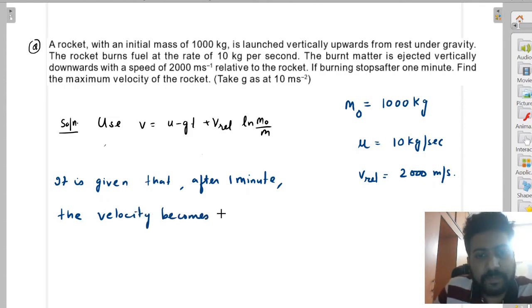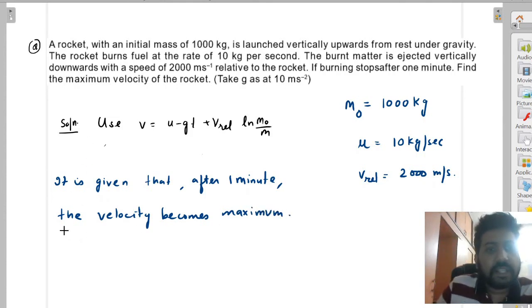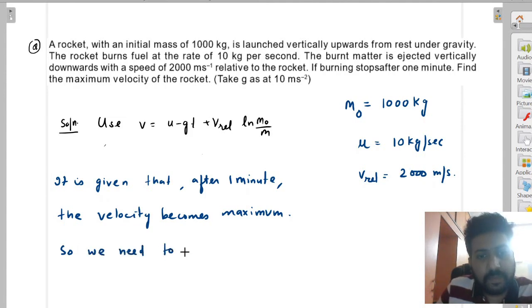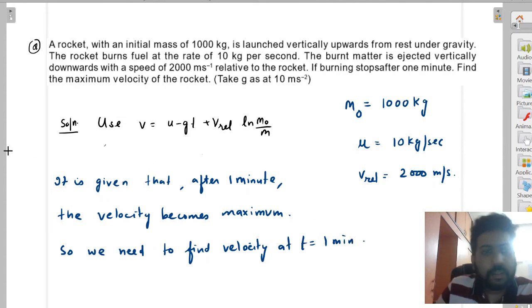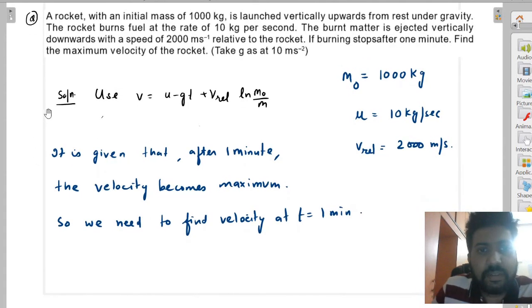So basically you need to find the velocity at t equal to 1 minute. So we can directly use the relation that we have got just now. V is equal to u minus gt plus v relative ln m naught by m.